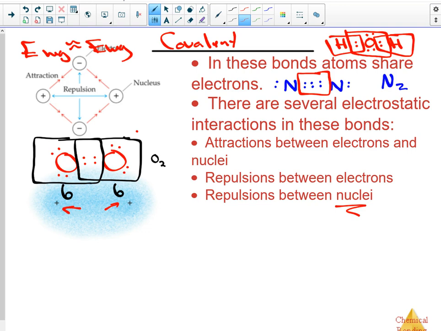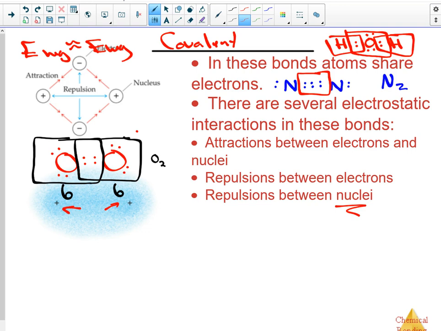If they're both nonmetals, then none of them can steal the other. So if you can't steal to get bigger, you have to share to get bigger. So, in these bonds, atoms share electrons.